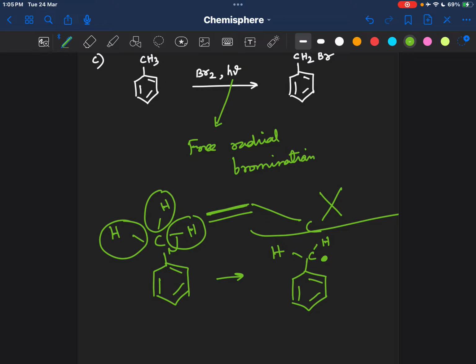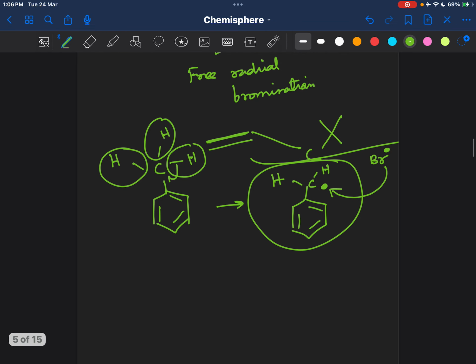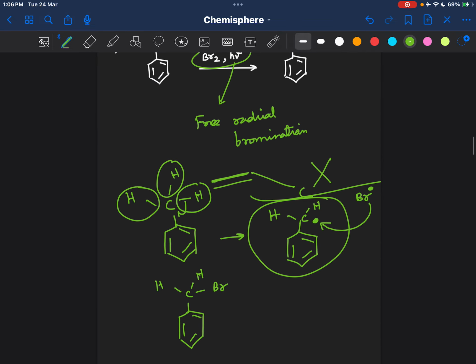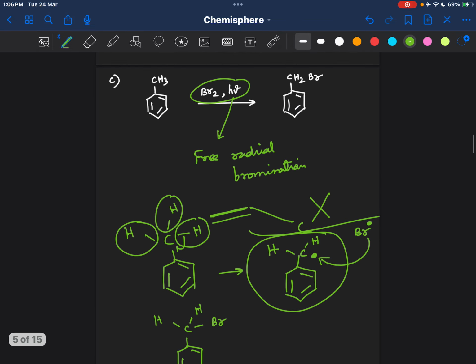So this is resonance stabilized. And then in initiation we are going to get Br free radicals, and this is going to come and react with this to form a product like this. So we get CH2Br and the benzene ring, right? So CH2Br, yes. This is the correct product that they have formed. Okay, so this is correct.